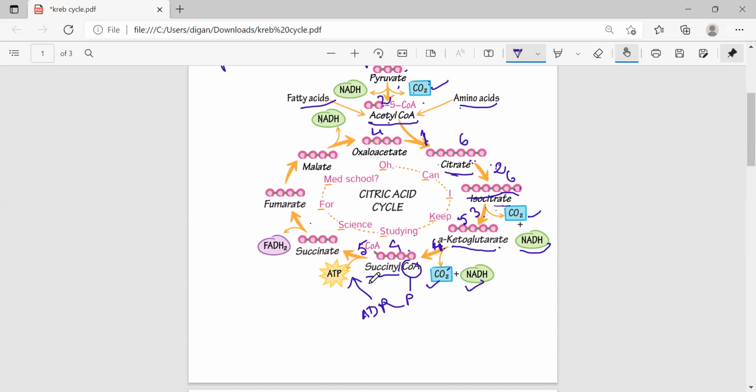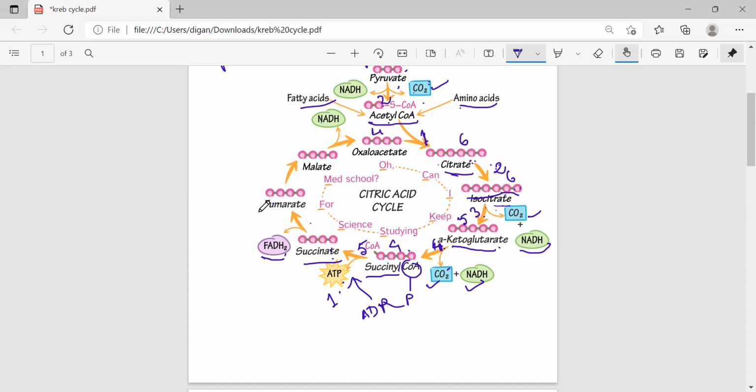It means in the fifth step, one ATP molecule is produced, and this succinyl coenzyme A, which is a 4-carbon compound, is converted into another 4-carbon compound, that is succinate. In the next step, this succinate is oxidized, forming another 4-carbon compound, fumarate. And in this process, a molecule of FADH2 is produced.